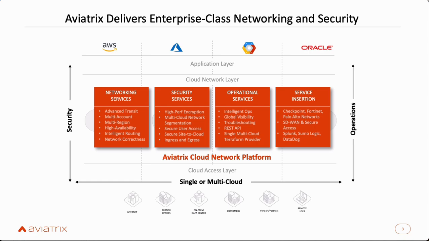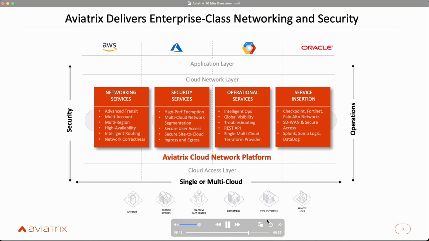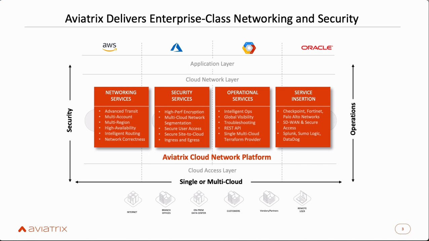And as mentioned earlier, everything can be deployed and managed via infrastructure as code, either via northbound APIs or via Terraform. In terms of service insertion, Aviatrix makes it very simple to integrate next-gen firewalls or connect into different SD-WAN architectures, and also integrate with native third-party or on-prem third-party platforms like Splunk and Sumo Logic and others.